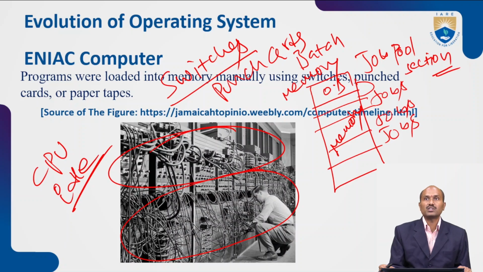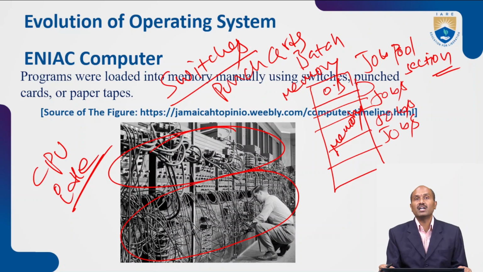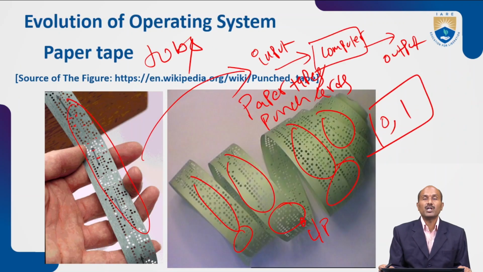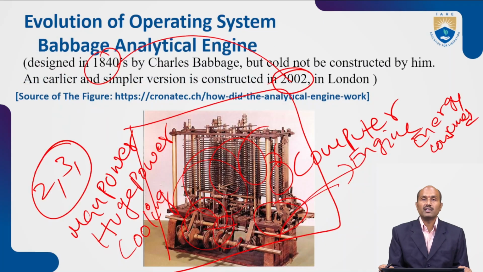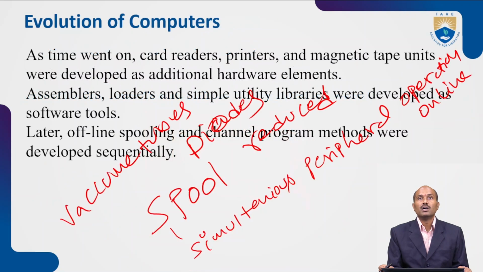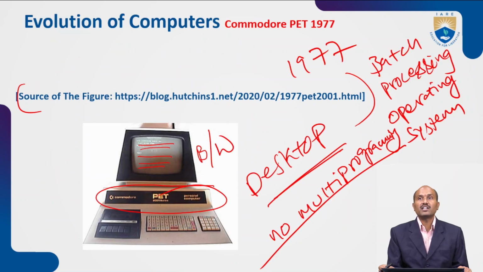It was a batch processing operating system working with the ENIAC computer. There was no operating system in the Babbage analytical engine. Punch cards and paper tapes were used in the ENIAC computer to give the input. Finally, the PET computer also worked with the batch processing operating system in 1977.